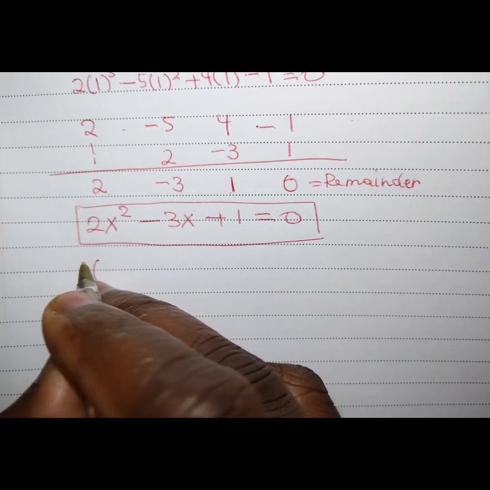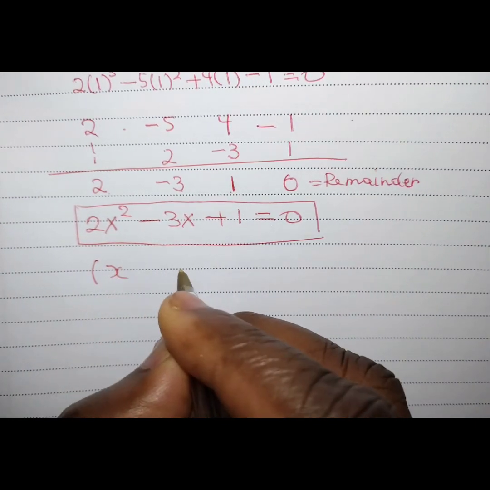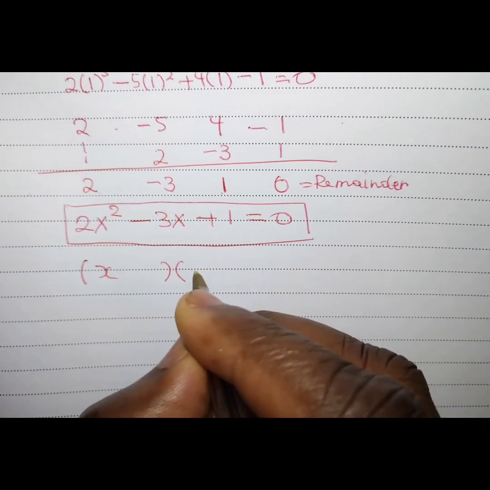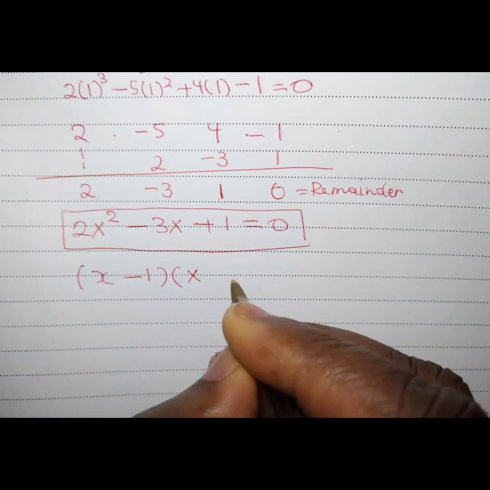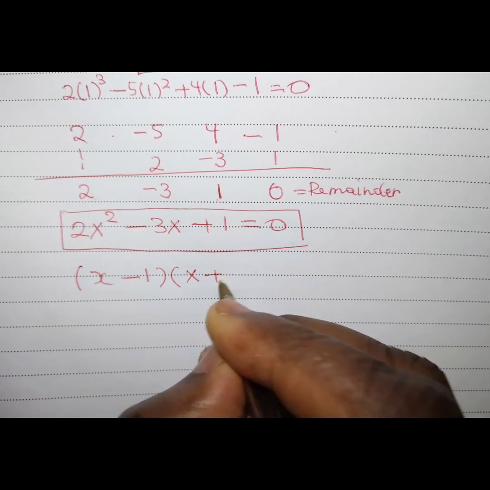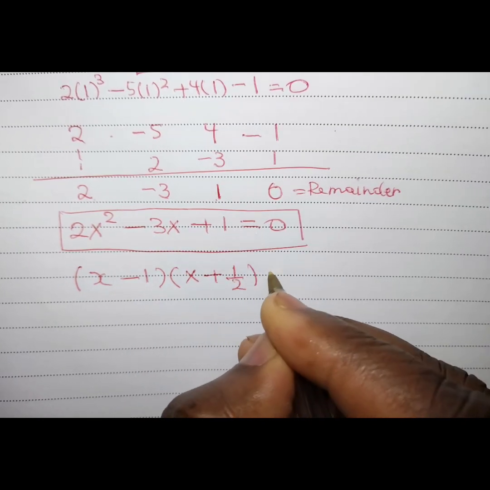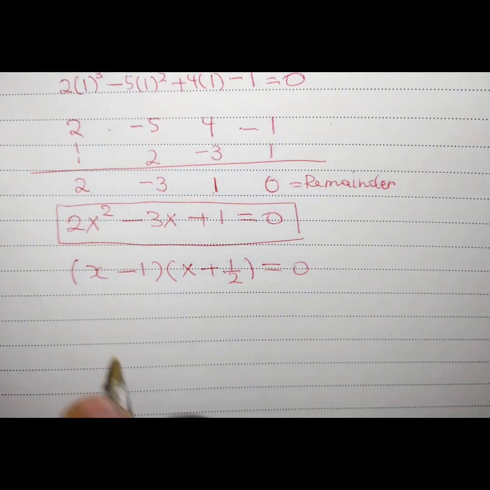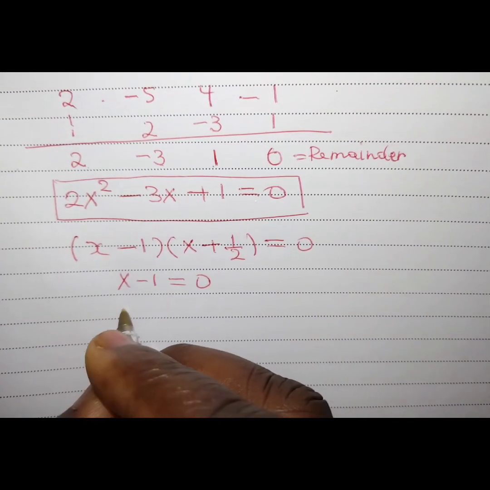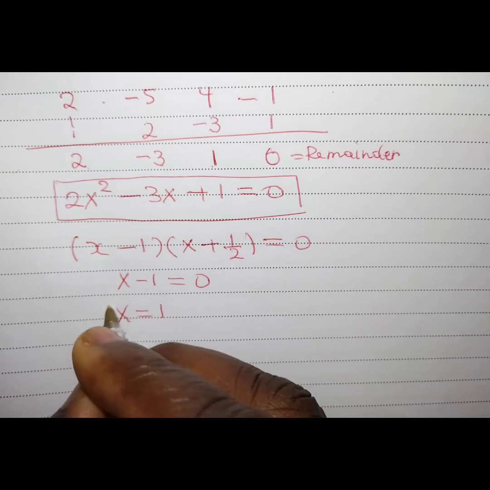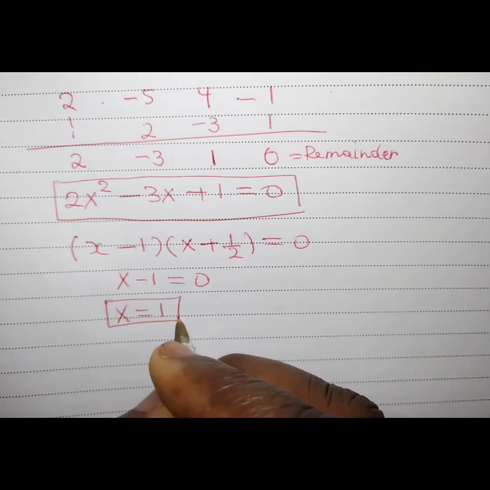We'll be having x and x, so we're going to have here minus 1, then here plus 1, all over 2. This equals 0. So x minus 1 will be equal to 0. Then x will be equal to 1. Ladies and gentlemen, this is the third root.